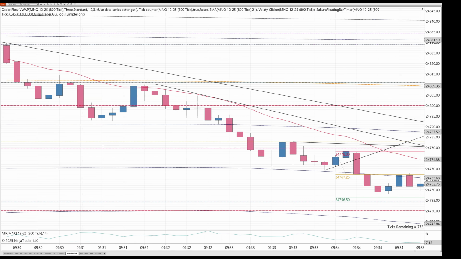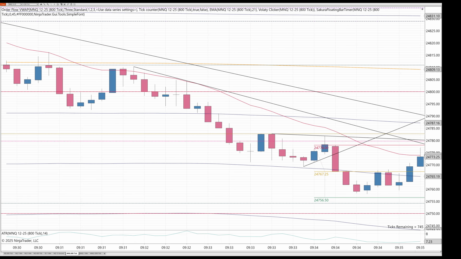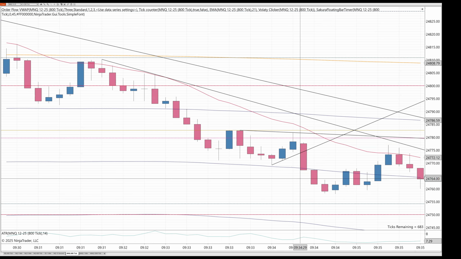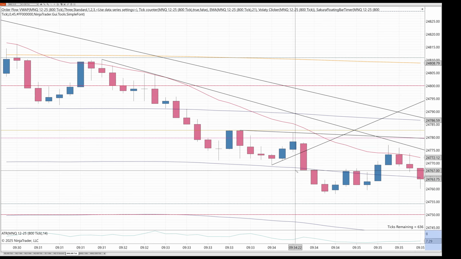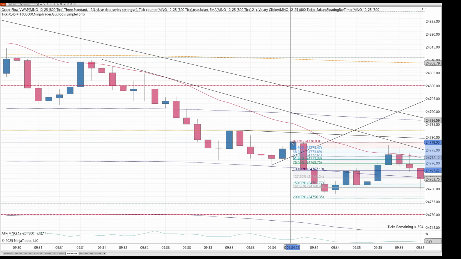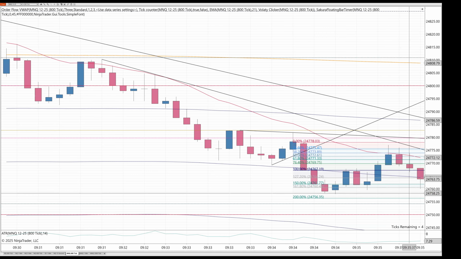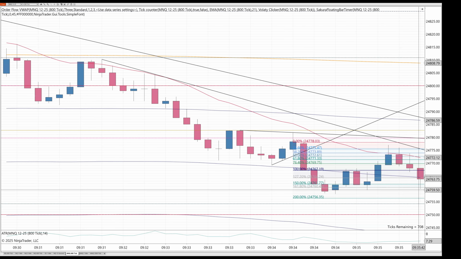And by manage, this is what I mean. If I didn't hit my target, I typically like to add at the 50% pullback and get a portion of my position out at the 150. It's the same as having this 1-to-1 here. So this trade would have worked.